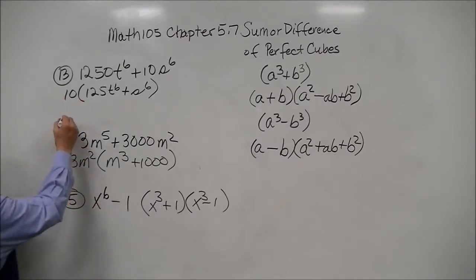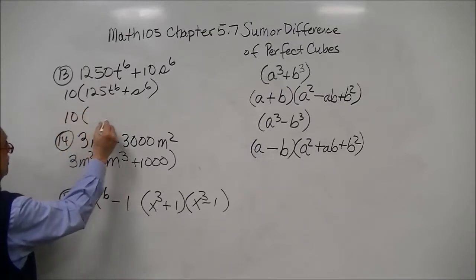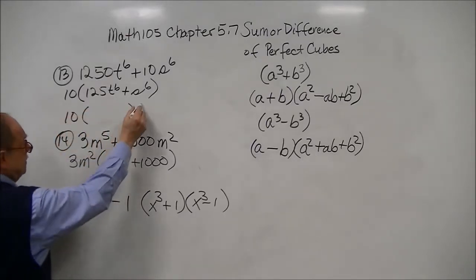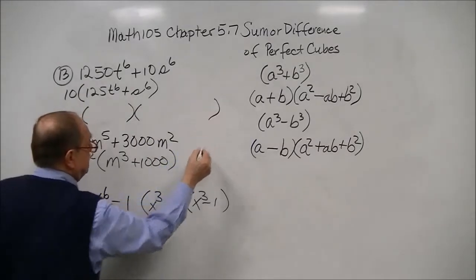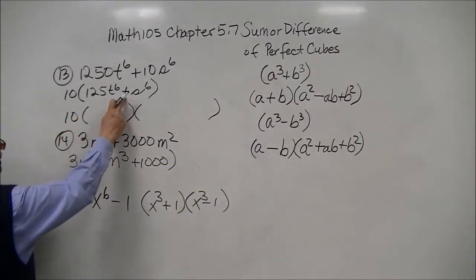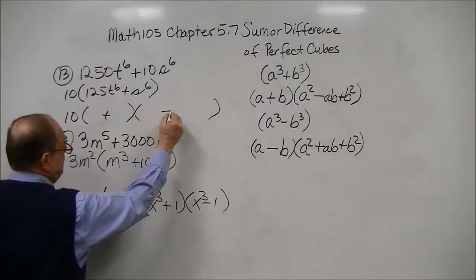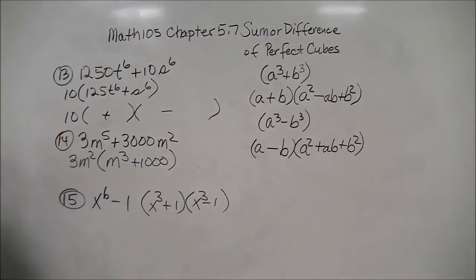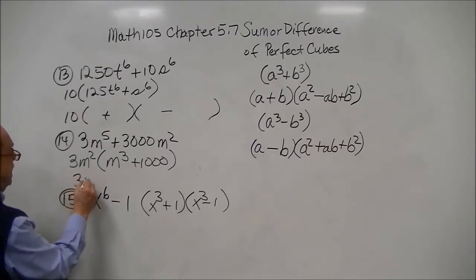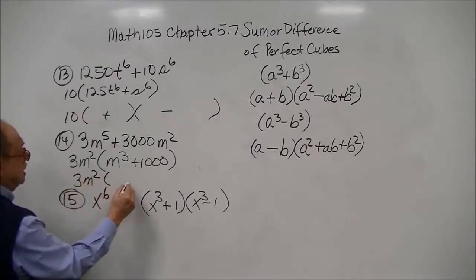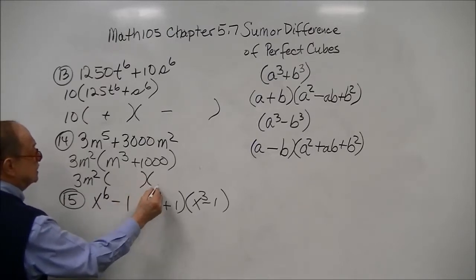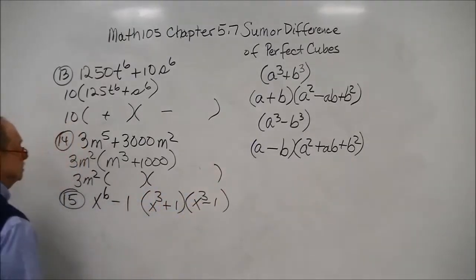And again, we need the 10, parenthesis for 2 terms, parenthesis for 3 terms. Whatever sign is there goes here, and then opposite. And again, 3m squared, parenthesis for 2 terms, parenthesis for 3 terms.